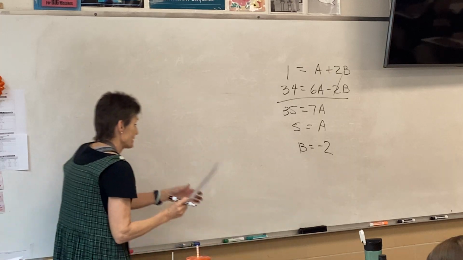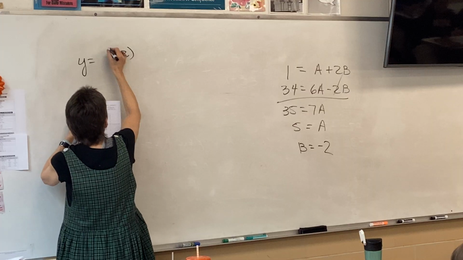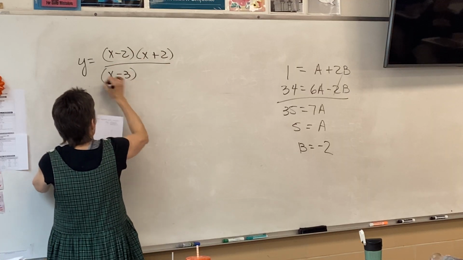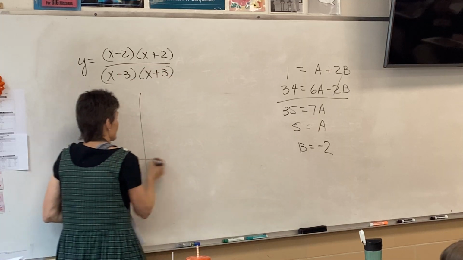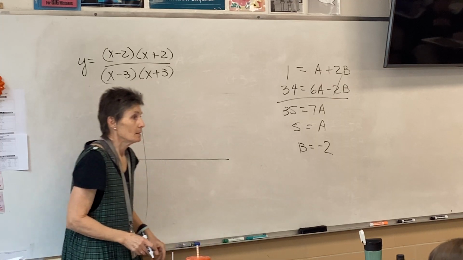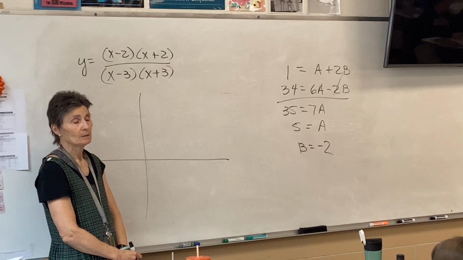So here we go. Let's see what we can remember. I'm going to go ahead and factor. Nothing cancels, so who remembers what information that gives me? If nothing cancels, there are no holes.